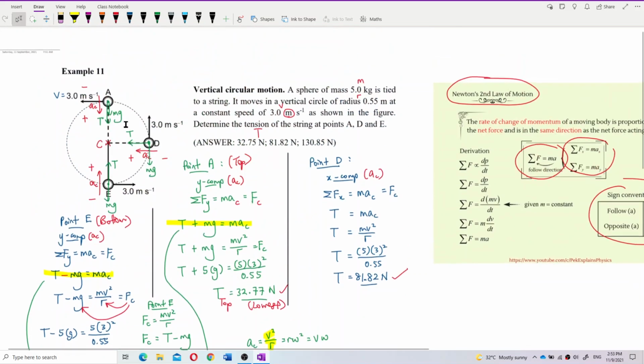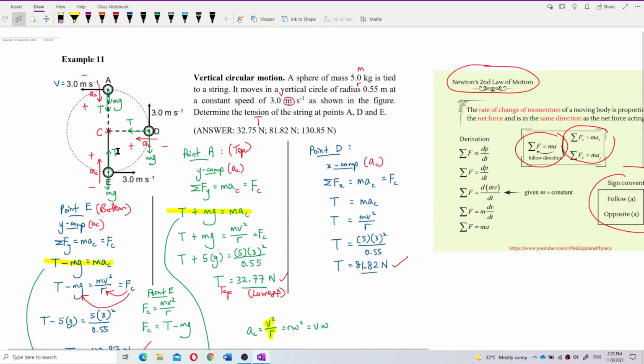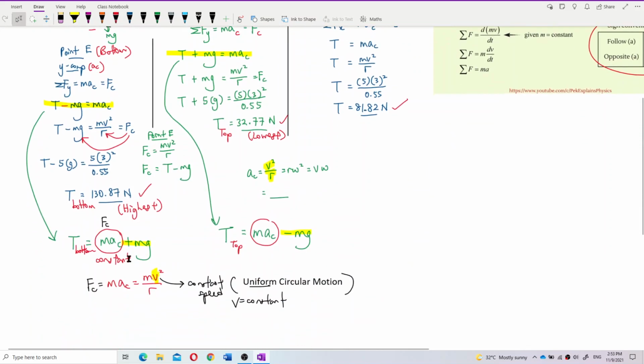But at the bottom here, the tension has to overcome the own weight, has to support the weight going downward. This string has to pull even harder because it needs to overcome the own weight of the ball. That's why it is plus mg.